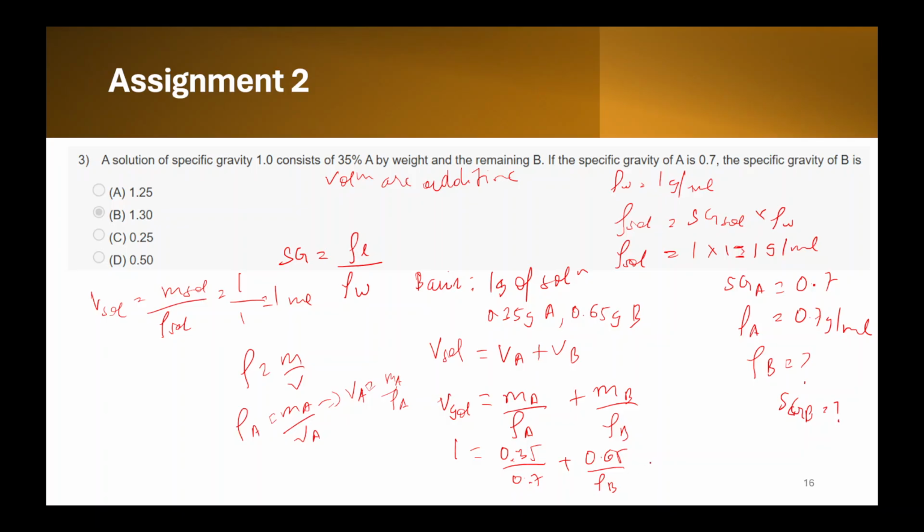From here you can find rho B: 1 minus 0.35 by 0.7 gives 0.5, so 0.65 upon 0.5 gives 1.3. Then SG of B will be rho B upon rho water, so 1.3 by 1 gives 1.3 itself.